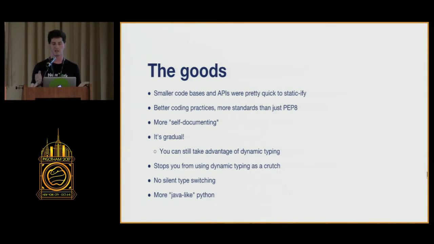Because you can have these really loosely typed dictionaries, you pass them around a lot and it's very easy. But when you're growing to a more enterprise level and you're trying to make your code bases scale, a lot of the time it can be more beneficial to turn these things into actual classes, objects, even named tuples, so that it's a little bit more formal and more expected and it's known what you expect. So there's also no silent type switching, right?